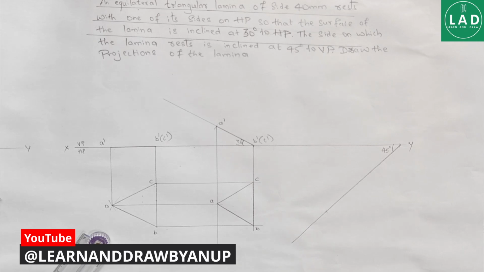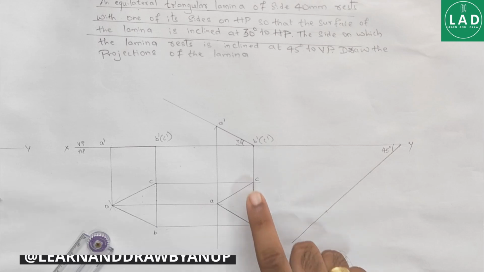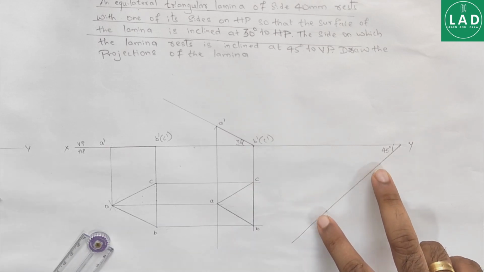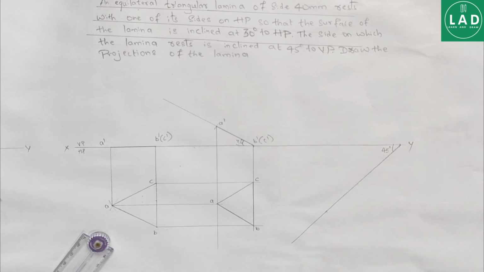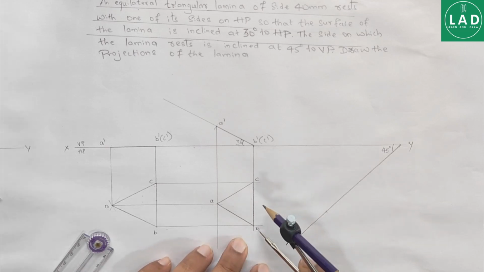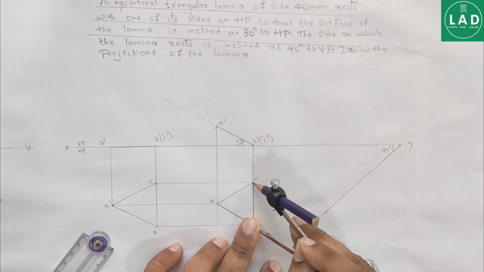So next is, let's draw this line BC on this inclined line. So let's try to draw this line BC.